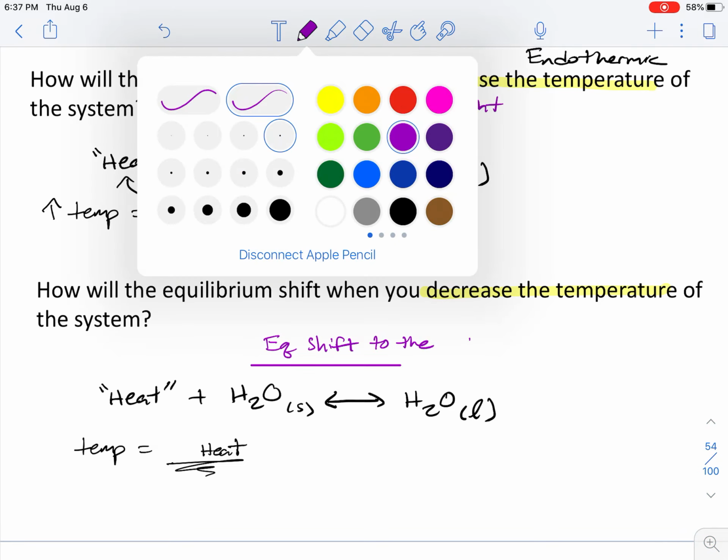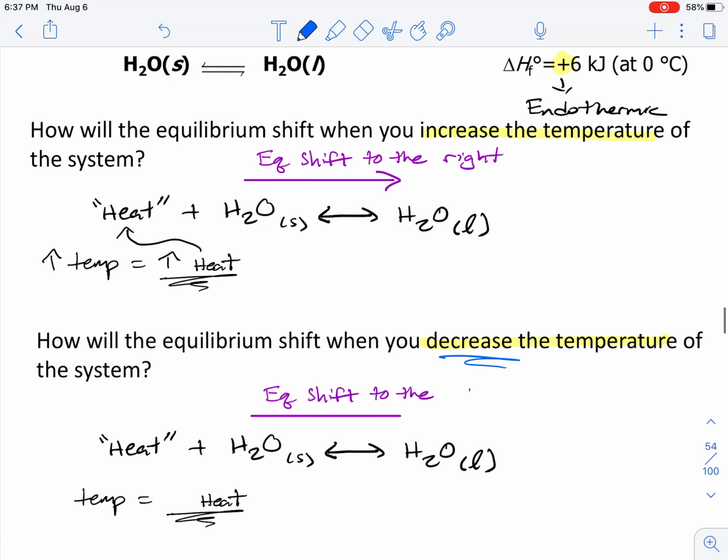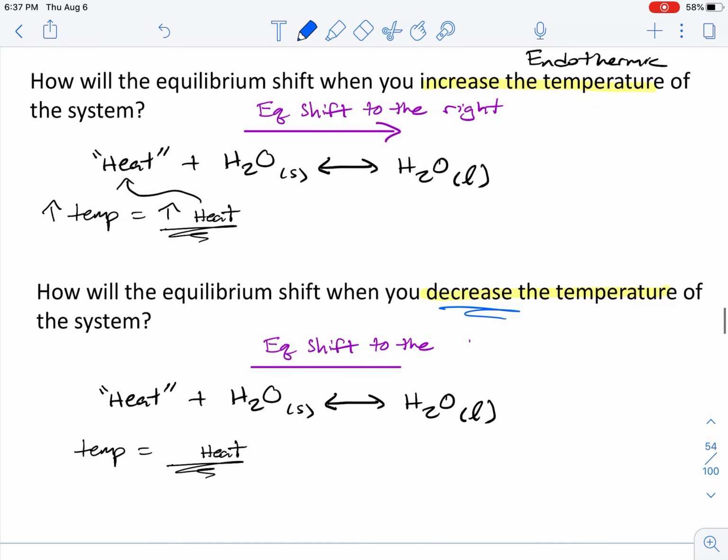All right, so since we are decreasing the temperature, and we know that it's still an endothermic reaction because the enthalpy doesn't change, we know that heat is going to be treated as a reactant. And so if we decrease the temperature of the surrounding, we're taking away heat from the system.